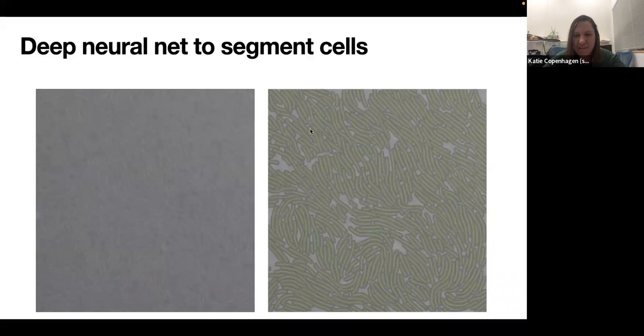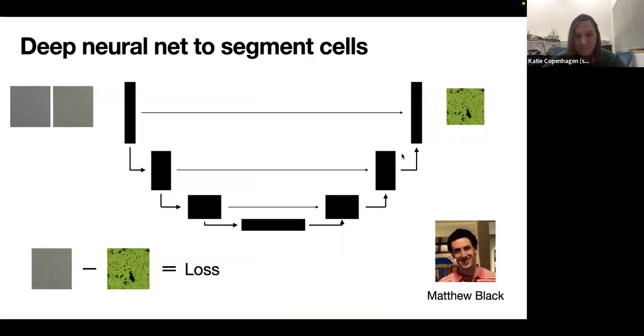The green is cells, and it turns out to do better if you also label a border around the edge of the cells. That helps the machine learning separate the ends of the cells when two are close to each other. And then we have a background. So we drew 23 images where we took the cell image and drew the ground truth of where the cells are by hand on them.